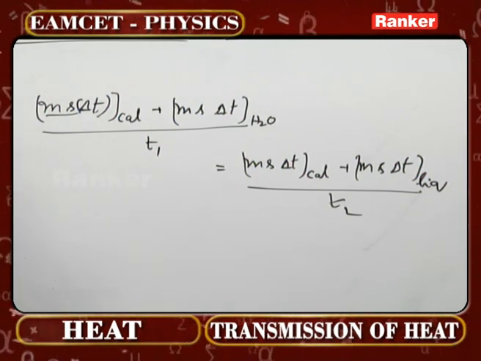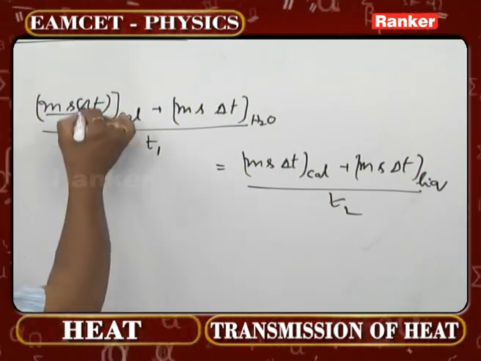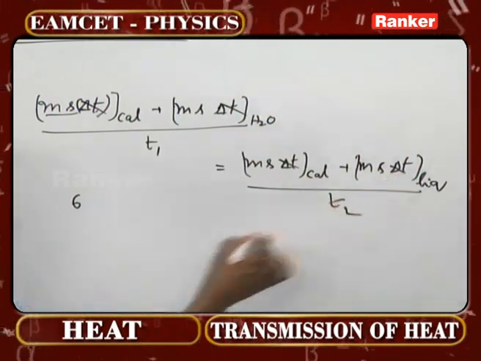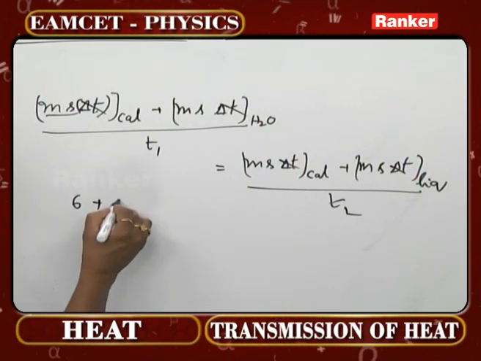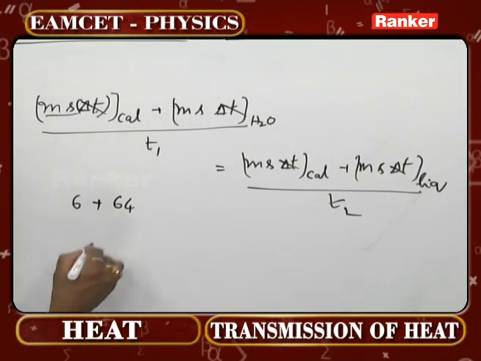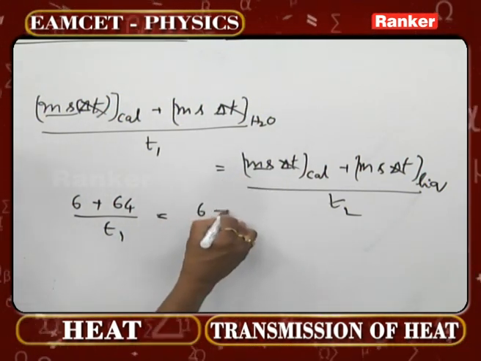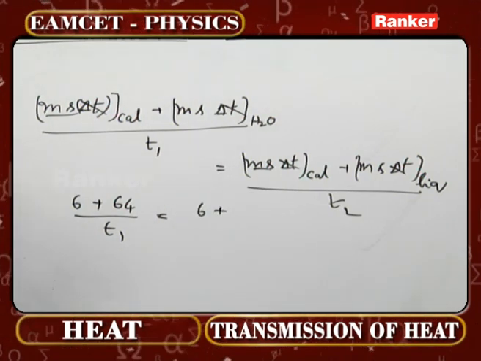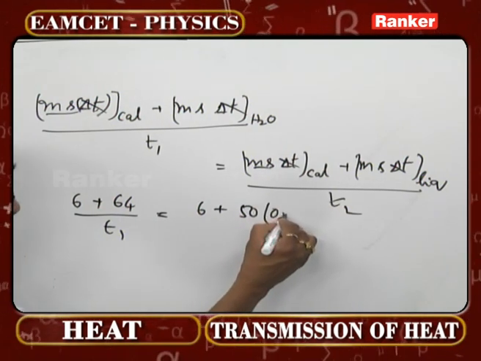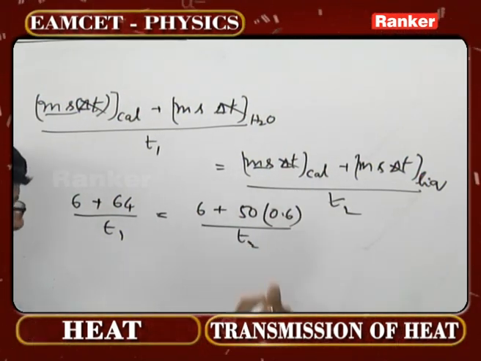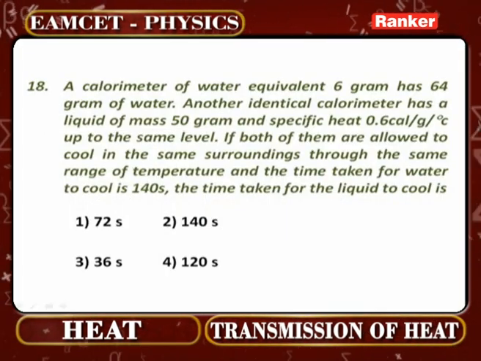So directly you can take it that the value of water equivalent over here is 6. Delta T is same in all the cases, so no need for us to take that. Plus what is the mass of water that has been given? 64 and specific heat is 1, by T1, must be equal to, what is ms of calorimeter again? 6. What is mass of the liquid mentioned over there, please? 50 gram. And what is its specific heat given? 0.6 by T2. But if you just look at the problem carefully, T1 is given as 140 seconds.